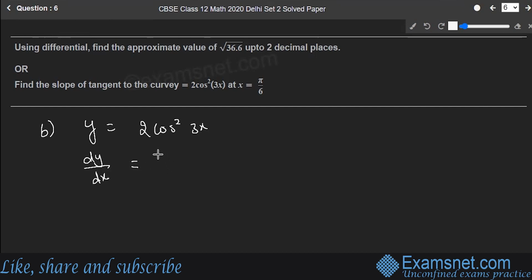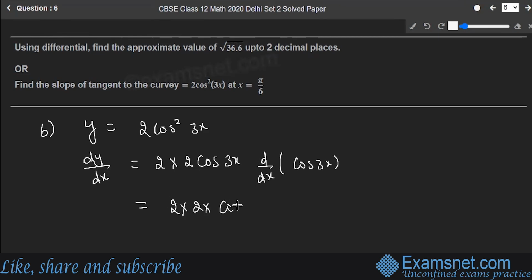So this is equal to 2 into 2. The derivative of this will be, first of all, cos 3x into the derivative of cos 3x. So this is equal to 2 into cos 3x.